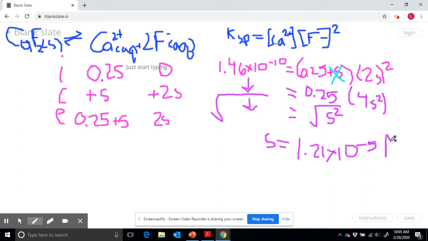This is large M. So our solubility of calcium fluoride, if we already have a solution that has 0.25 molar calcium in it, is now 1.21 times 10 to the negative 5th molar. That is the highest concentration that will dissolve when we already have those calcium ions in there.